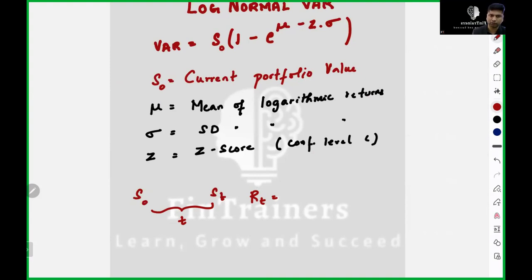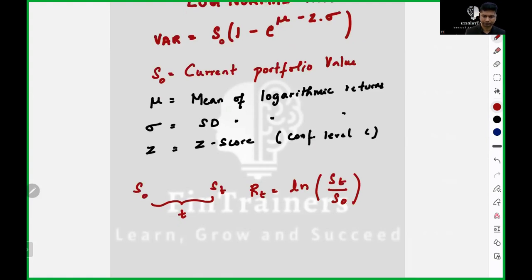So my return is going to be given by the natural log of ST by S0. Now, if there are any dividends, it's not there in the case of commodities, but if the stock has dividends, the assumption is that we are going to be reinvesting that. So the return is the ending value of the portfolio, which could be the stock value plus the dividends reinvested, divided by the initial value. Then you take a natural log. So that's your return for the time period T.